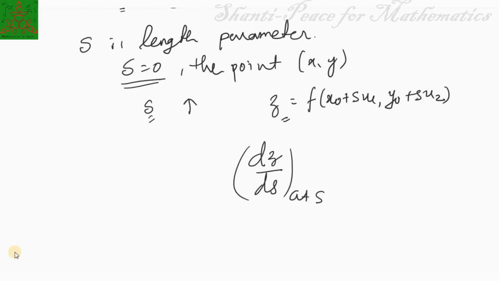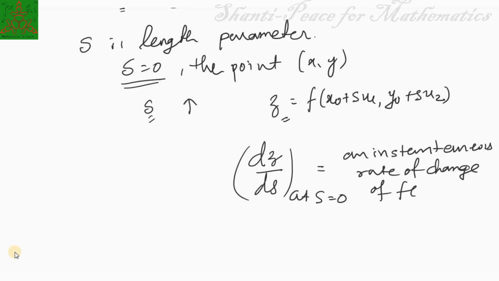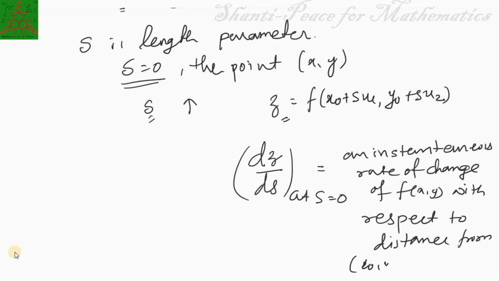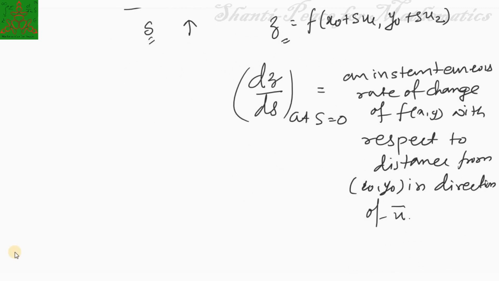At the point s equal to 0, it gives the instantaneous rate of change of f of (x, y) with respect to distance from (x0, y0) in the direction of u. So that is the geometric explanation of the directional derivative.